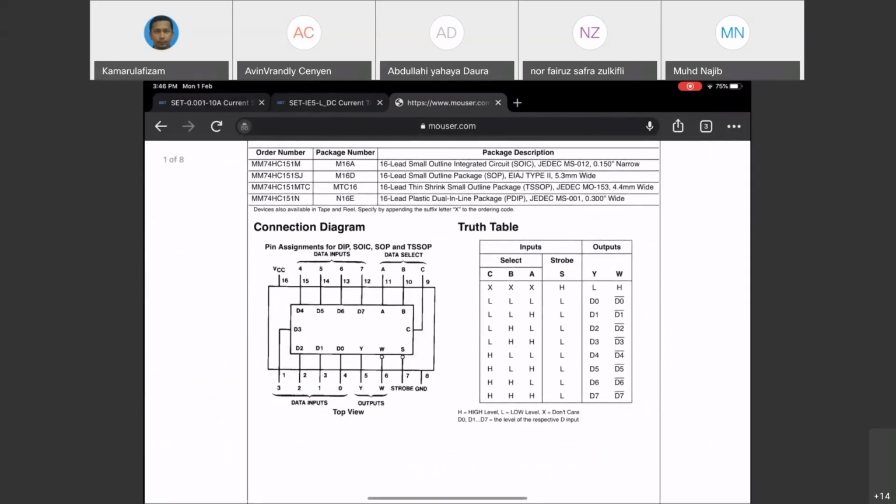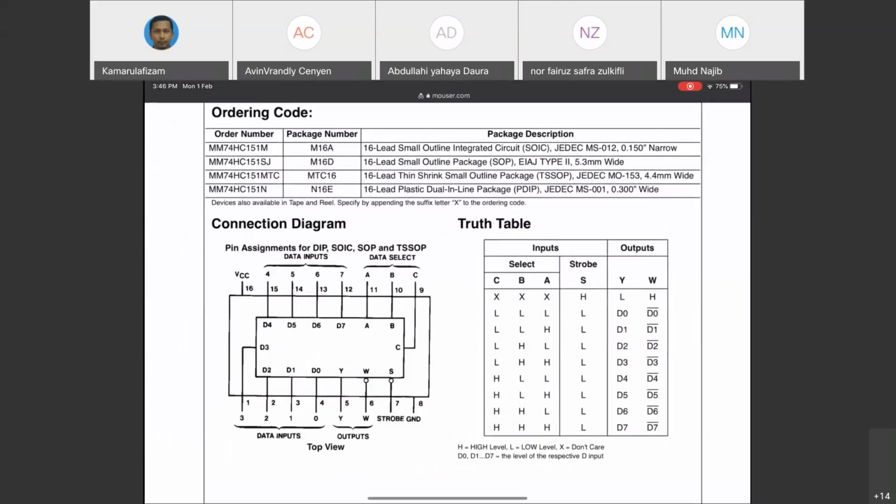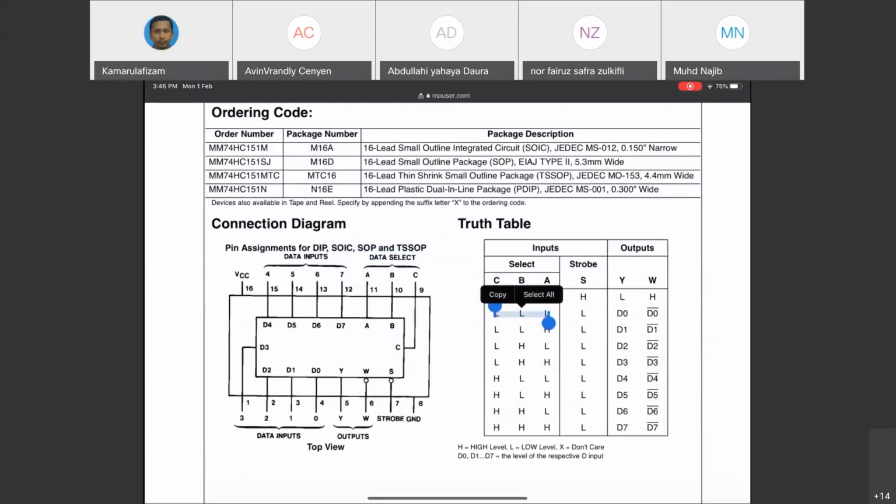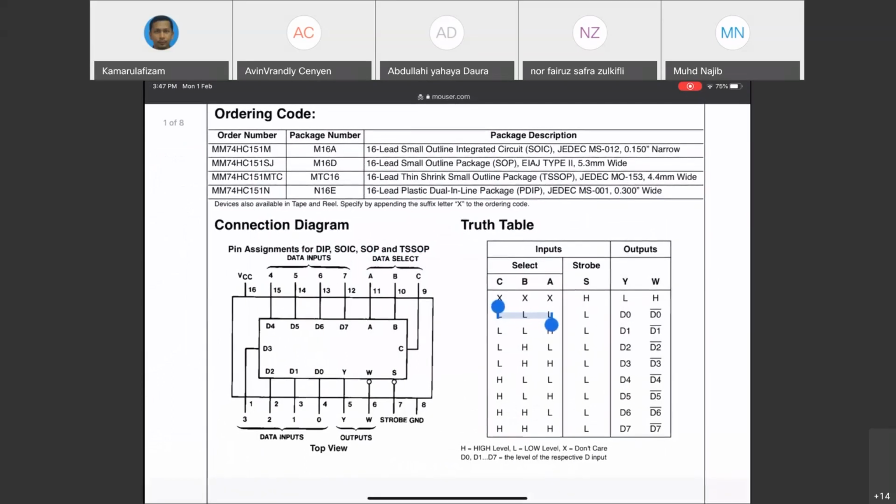For example, if you put low at these three points, you are basically selecting D0. D0 should be pin number 4 here. If you put ABC as low, you are selecting the switch to go to D0, and the logic from D0 will be passed to Y at this particular time.